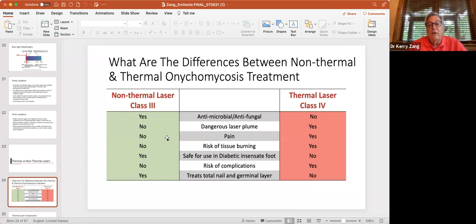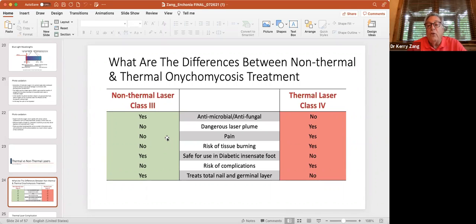The cold lasers are safe to use in the diabetic insensate foot. They are not safe with the thermal lasers. Risk of complications are present with the thermal lasers. There have been no reported complications with the cold lasers, either in musculoskeletal work, in the dermatology world, or in the nail fungus world.